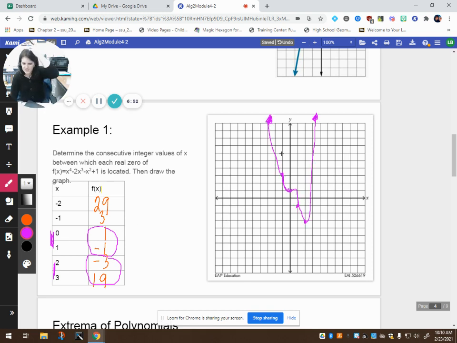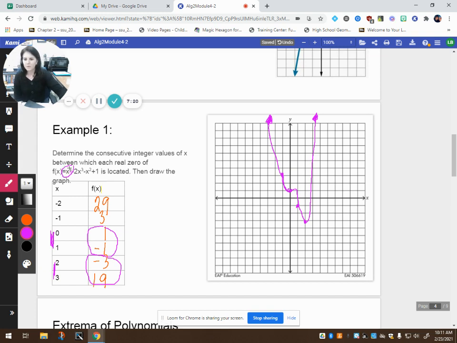We've got a rough sketch of the graph, and we can tell that as x goes to negative infinity, my f of x is going to positive infinity. As x goes to positive infinity, f of x is also going to positive infinity. So both ends are going up, which we knew was going to be the case because this is an even exponent with a positive coefficient.